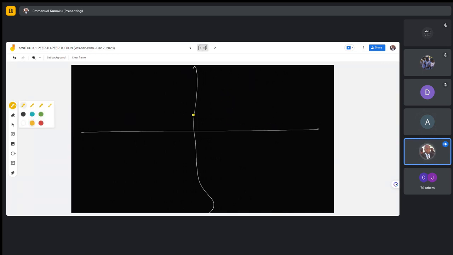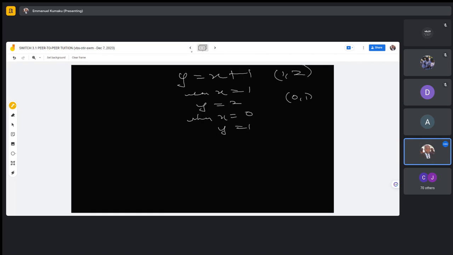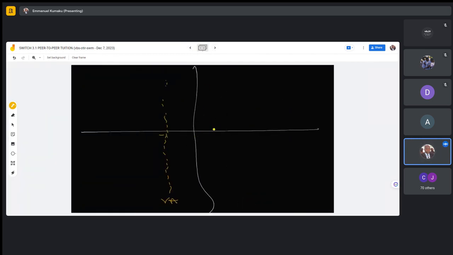So we draw negative 1, which is somewhere here, for the vertical asymptote, my VA. Then for the slant asymptote, we have 1, 2, and 0, 1. So let's assume 1, 2 is somewhere here, and 0, 1 is also somewhere here.